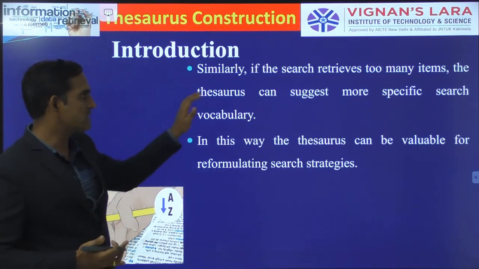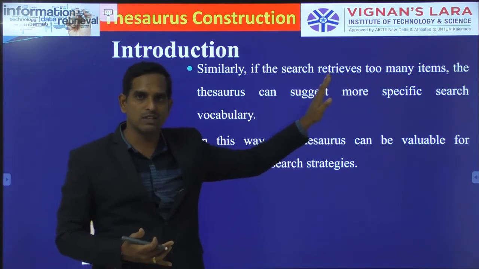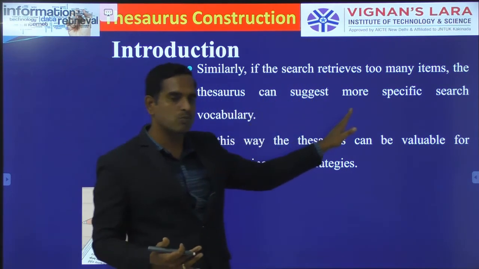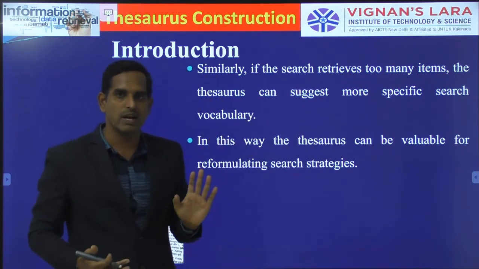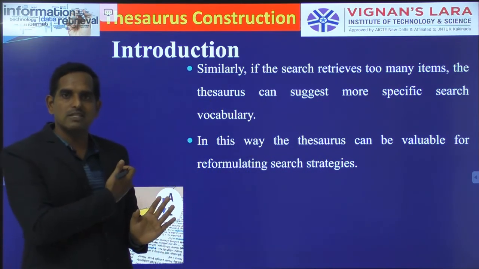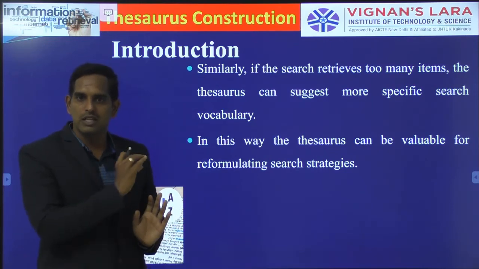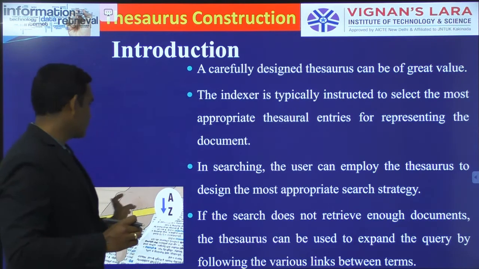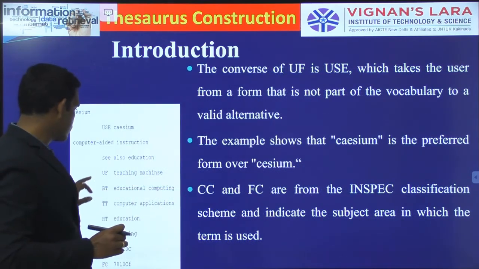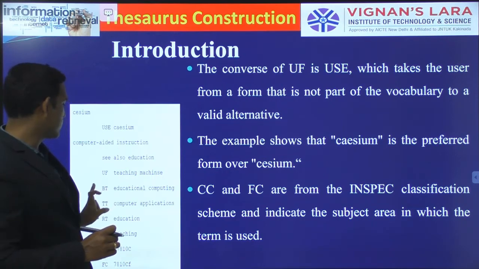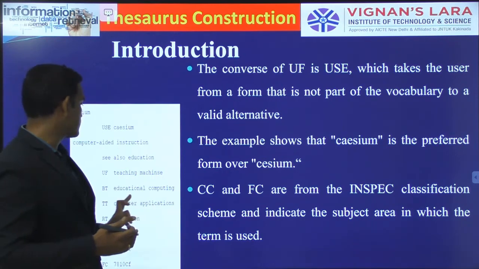Similarly, if your search is retrieving too many items, the Thesaurus can suggest more specific search vocabulary. As you have seen in the previous example as well, there will be links for specific words. You have links using your TT and BT, where you have specific words.